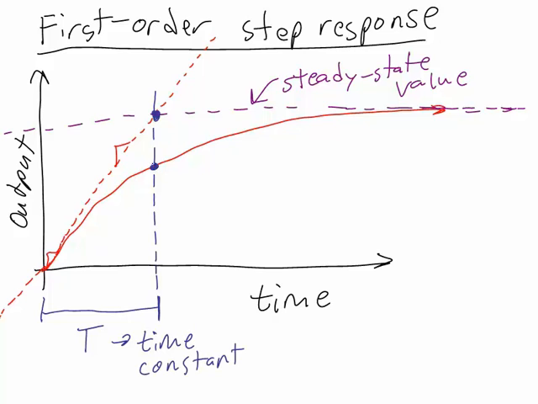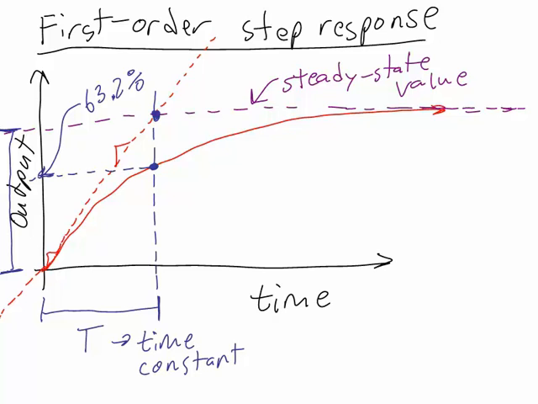Now, if I take the intersection of this line and I dash it back out to the output, I will find that this point of the output is 63.2% of the way between 0, or the starting point of the output, and the steady state value of the output.